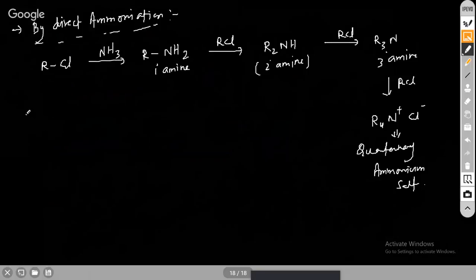Another method that gives a mixture of amines is ammonolysis of alcohol.